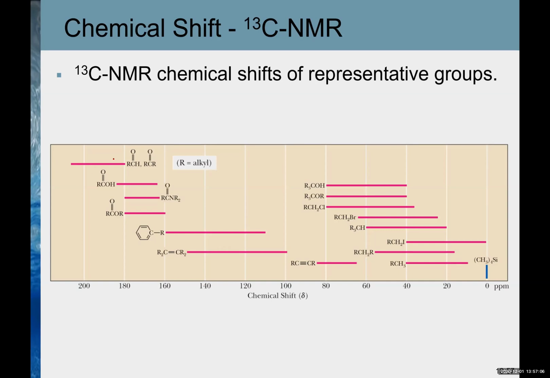These are the ranges. The range for C13 NMR goes anywhere from 0 to 220.